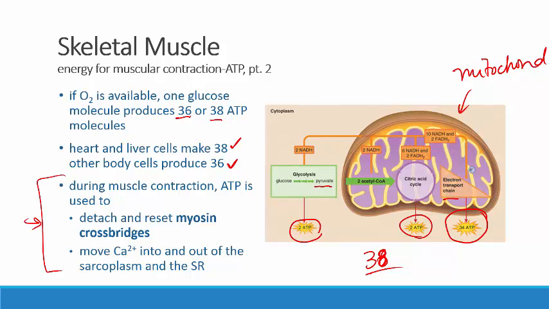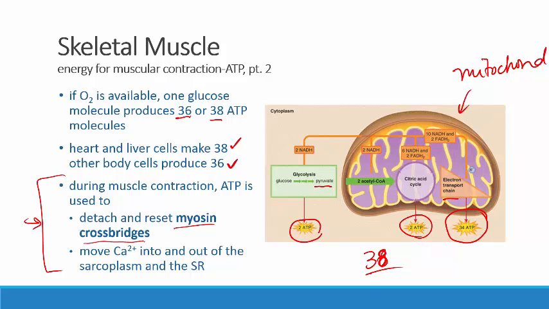We use the ATP to detach and reset these myosin cross bridges, that part of the myosin protein molecule that attaches to the actin molecules. ATP is used to detach them from actin and to reset them, to get them back into their high energy conformation so that they can reach up and make a new connection as soon as a binding site is available.